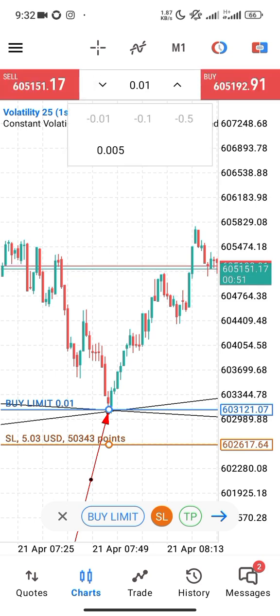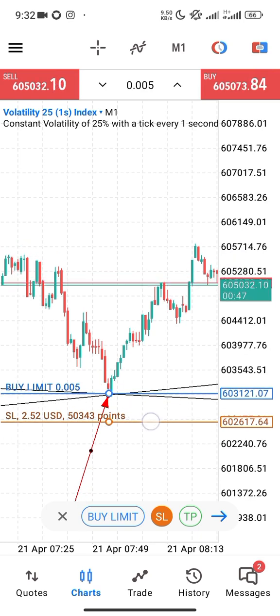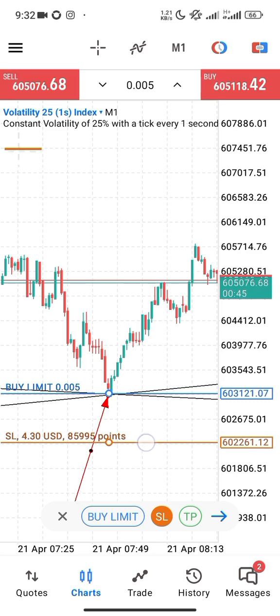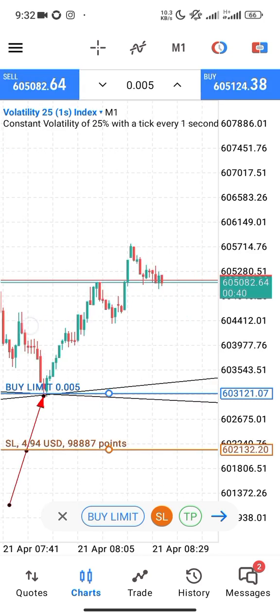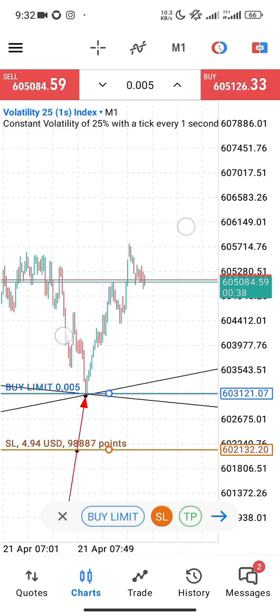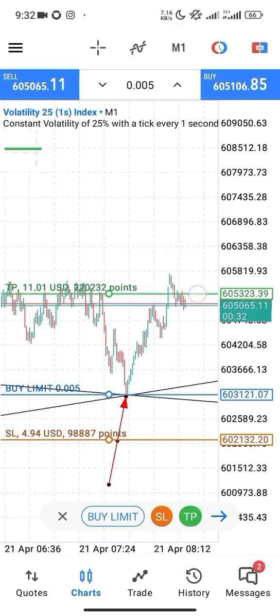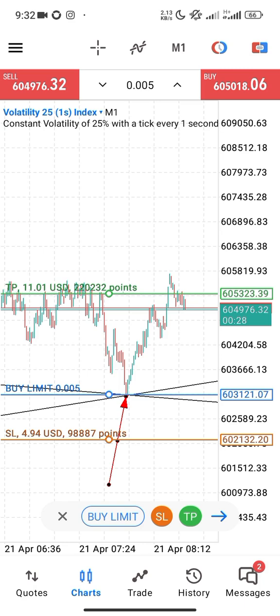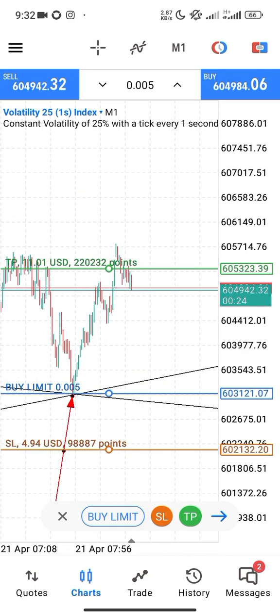You have to be careful about the lot size. Always check your lot size before you enter the market. If we had entered the market here at sniper, there would be zero to no drawdown at all. So you see, the market would have given us 1:2 risk to reward, and we are good to go for the day.